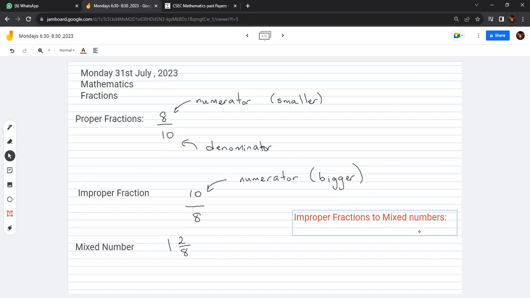So what we're going to do is we're going to divide the denominator into the numerator. That value gives your whole number.